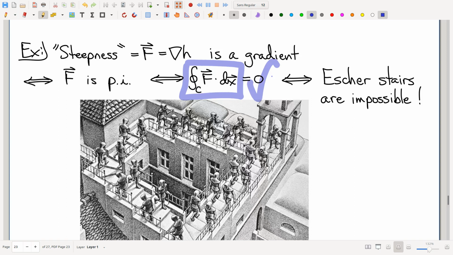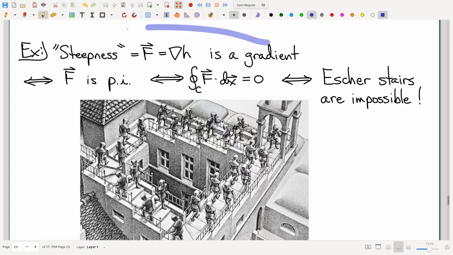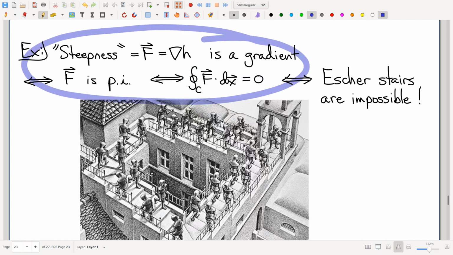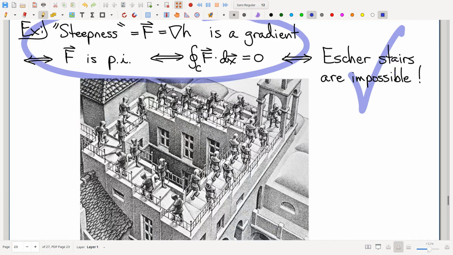So altogether, writing down the math of this was just a couple of trivial observations based on path independence, and the punchline is that we have a mathematical expression of why this art is garbage. A garbage representation of reality. It's cool art. I like the art, right? I'm all for the art, but it's unrepresentative of reality. Does that make sense?